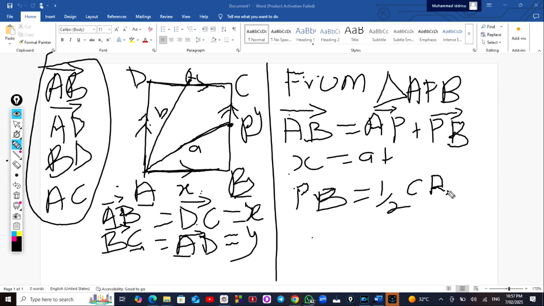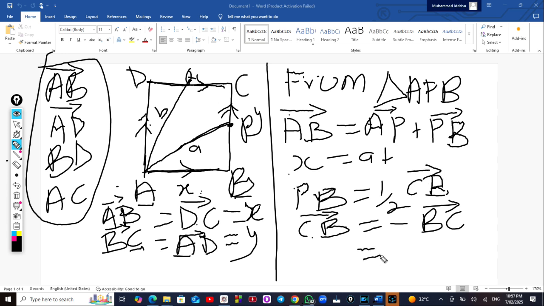Why do we choose CB? CB is equal to negative BC, because we represent BC by Y.